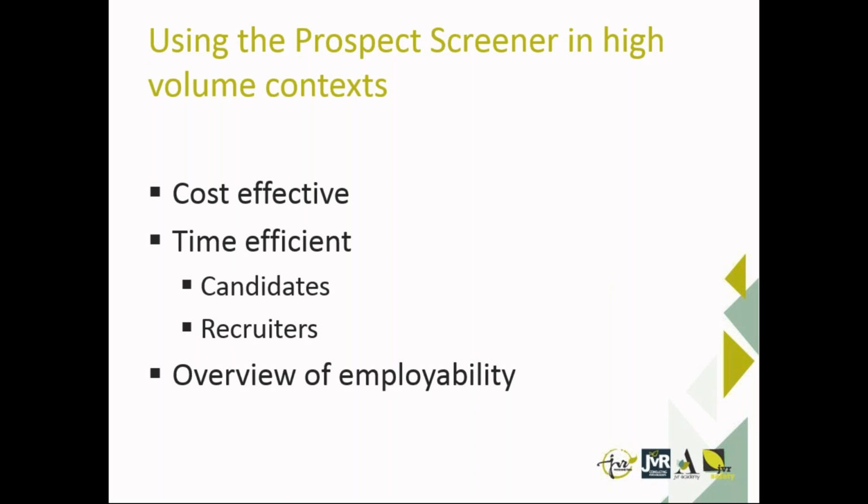How will the prospect screener help me to make decisions after assessing a big group of people? Well, the prospect screener group report very nicely indicates to you your good prospects and who should be screened out. So I think that answers the question as to how it would help you with decisions with a large group of individuals.